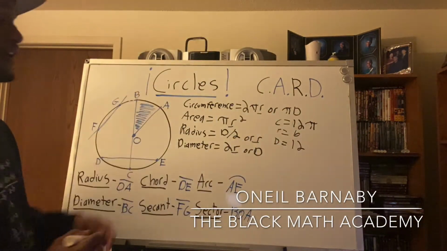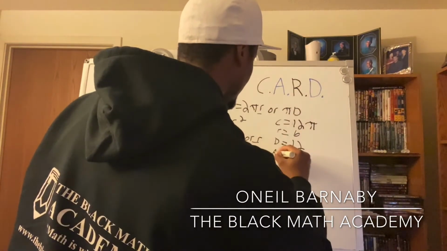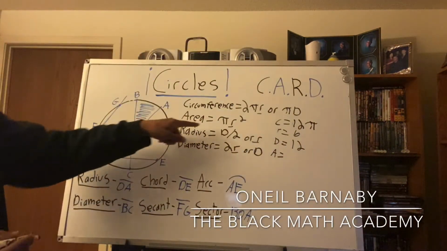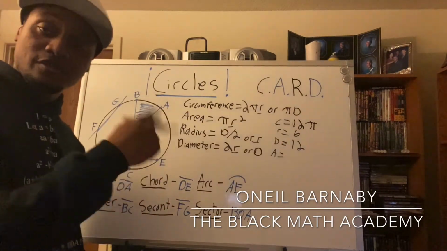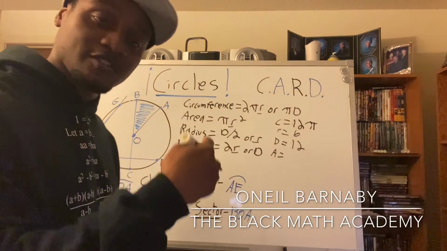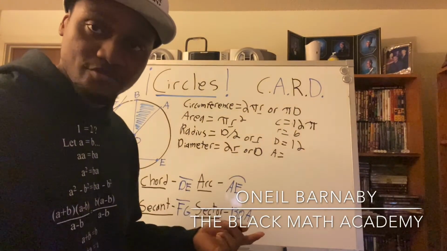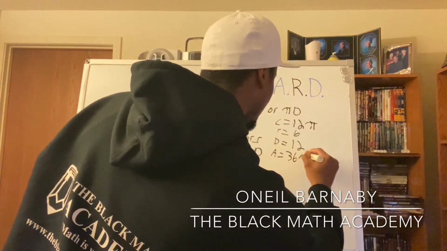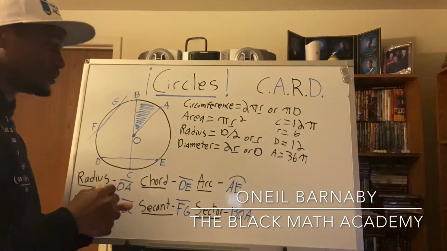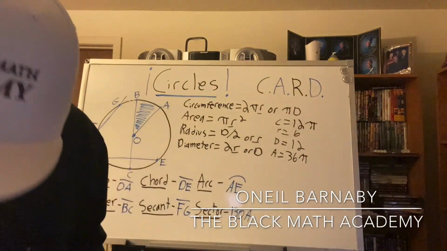And now that we have that, we can then find the area of this circle. Area says pi r squared. R happens to be 6, so we plug that into the formula. 6 squared is 36, and 36 times pi is just that. So 36 pi would be the answer.